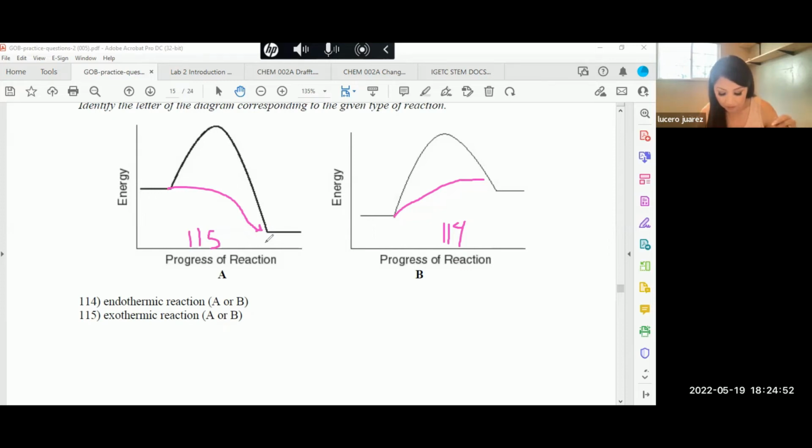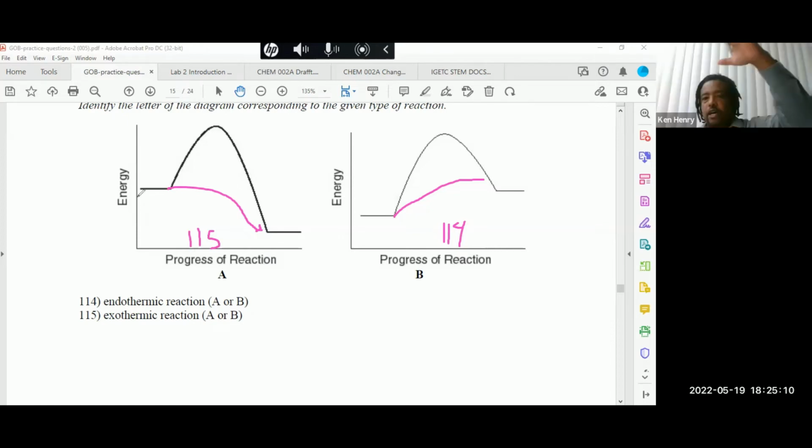So 15 is A, exothermic. Is that because we're adding heat to it? No, we're losing heat, right? Exothermic means that heat is being released. If you're adding heat to it, things are going to go up in energy. Remember, energy is always conserved.